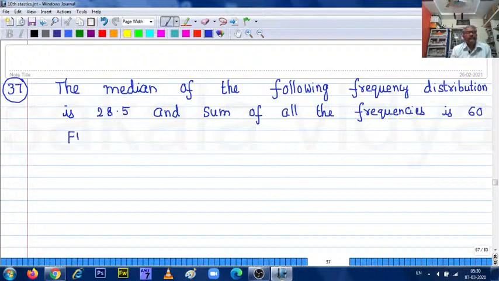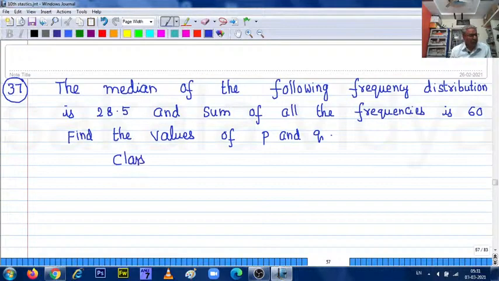Find the values of P and Q. So this we need to find out. Here the class is given and next the frequency is given.